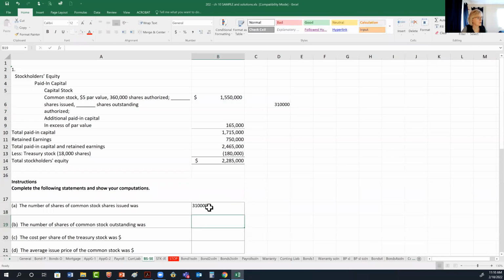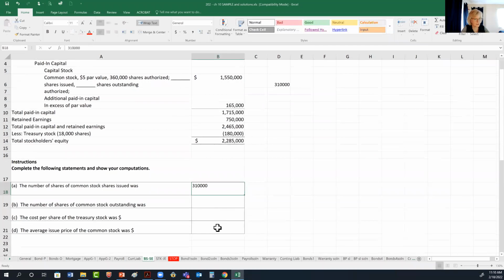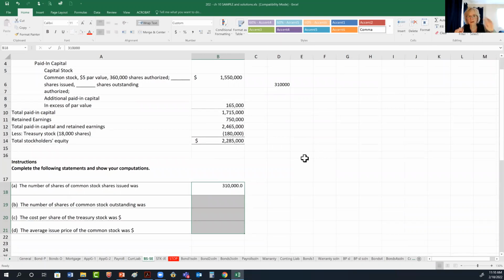Now, if you come up with a goofy answer here, it's like calculating an average. If you have two numbers, one number is 100, one number is 200, and I say, give me the average number, how would you do that? How do you calculate an average of two numbers? Add them together and divide by.